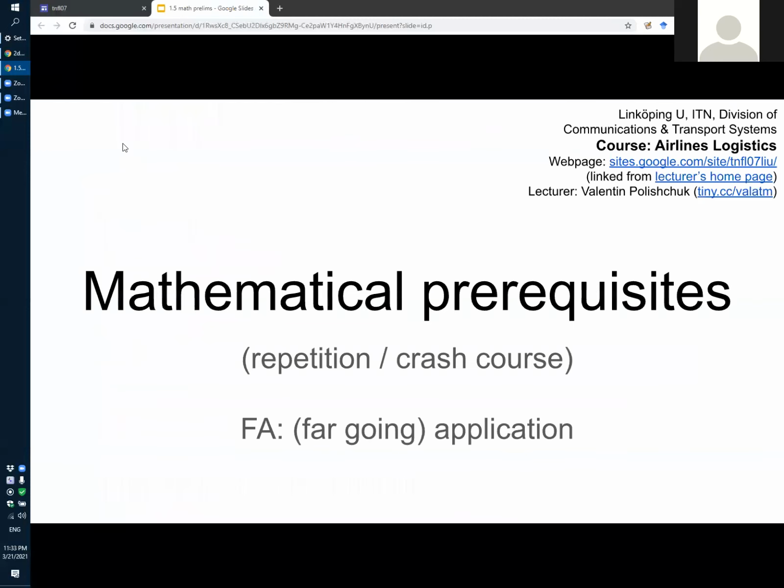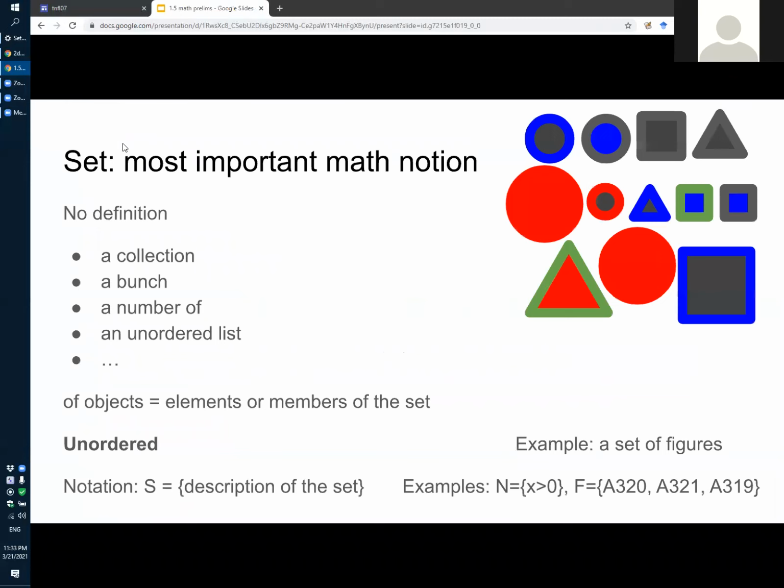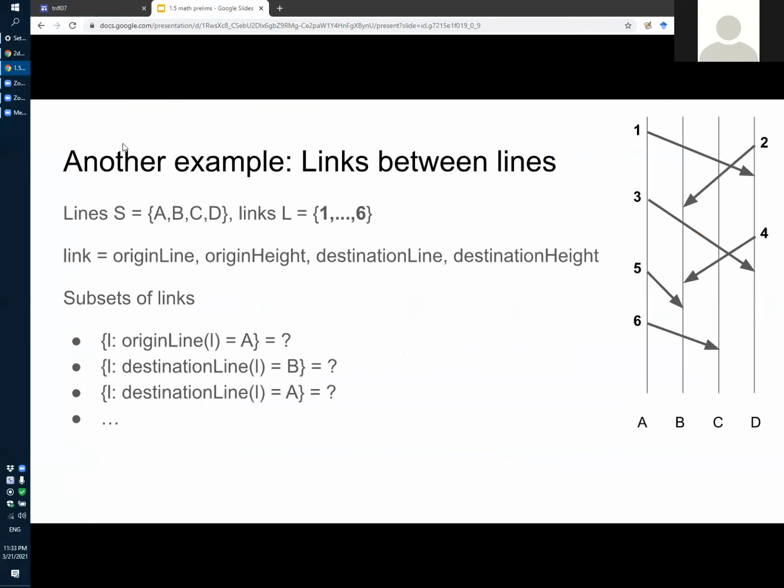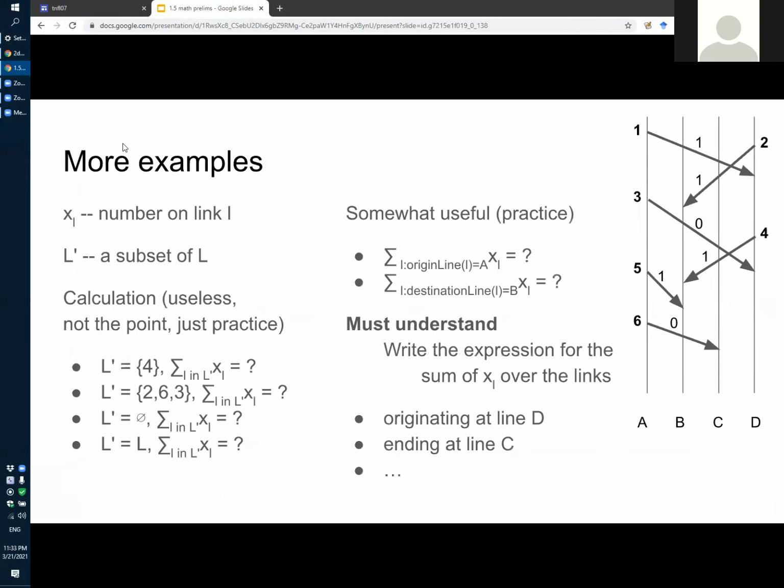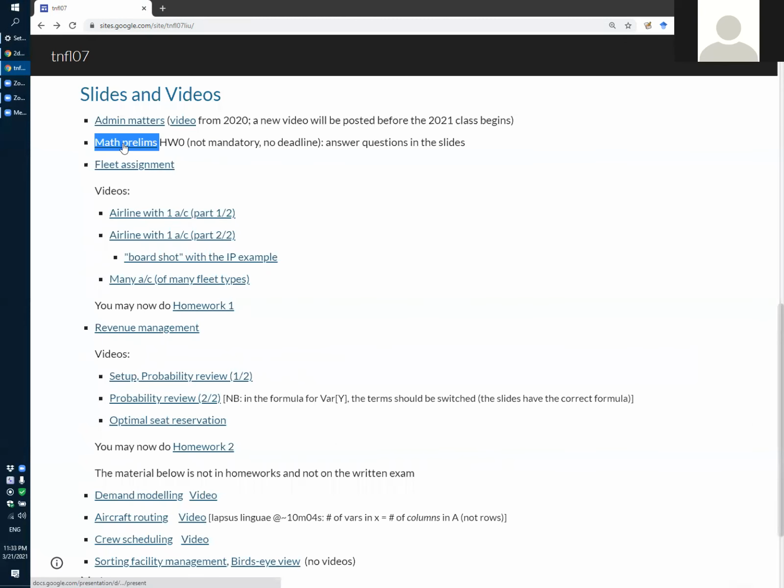There is no video on it. It's just some mathematics that you may want to brush up upon or learn for the first time. If this is the first time you see it, it helps you with getting to know the notation that we use during the course and so on.